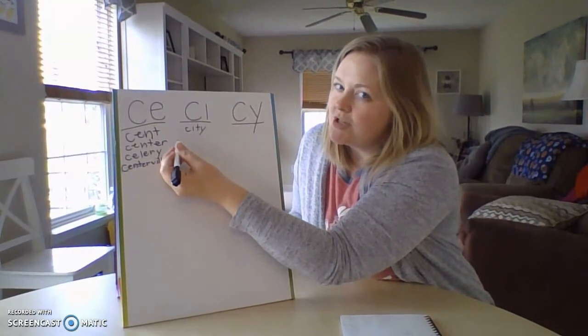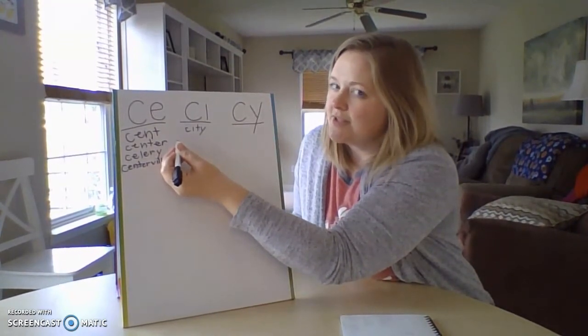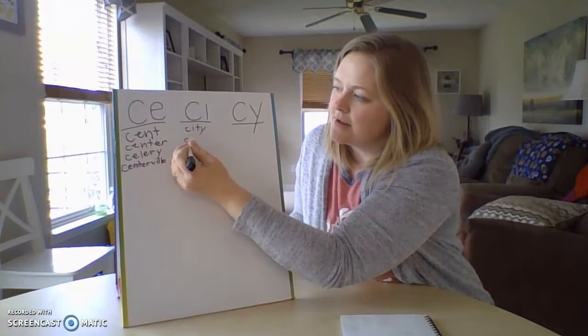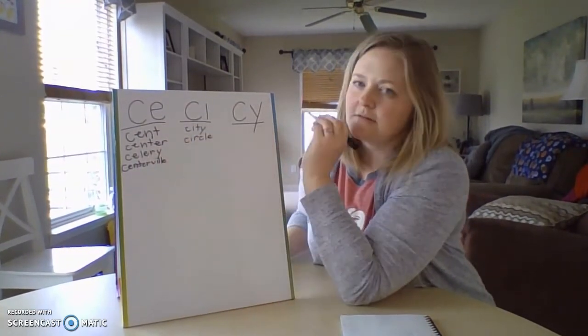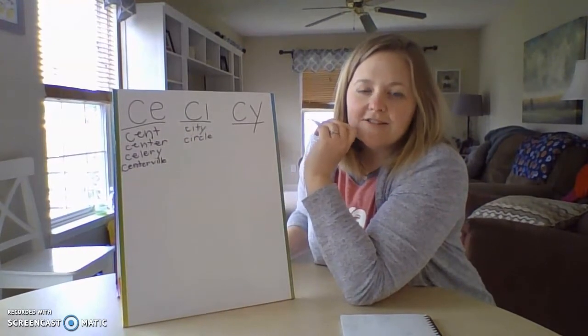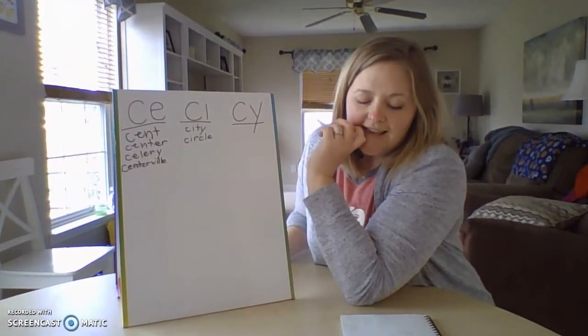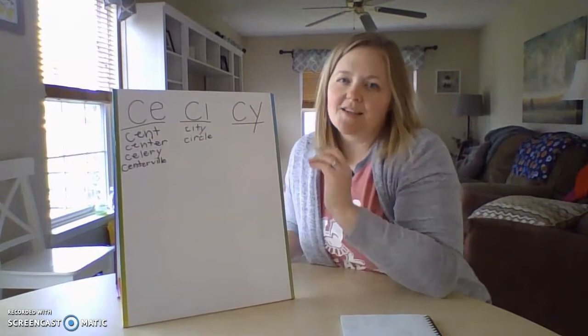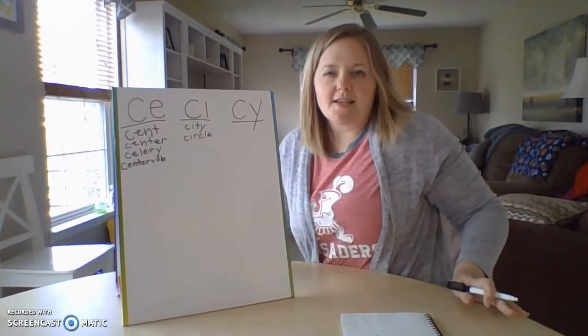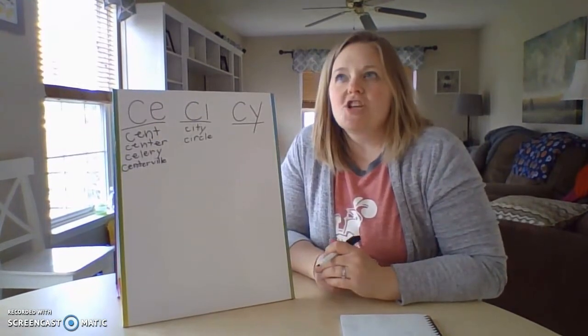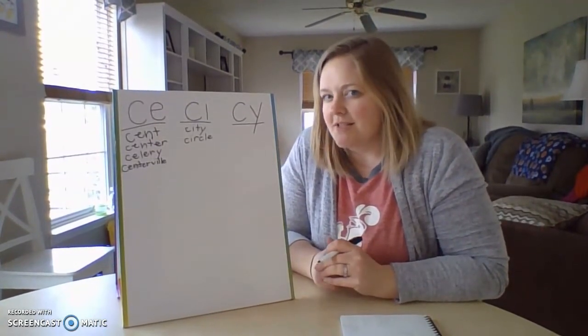Another CI word, it's a shape. It's a 2D shape. It has no sides, no angles. It's called the circle. Very good. And another CI word is, oh, I'm thinking she is a character from a fairy tale. She has an evil stepmother and she has a glass shoe that she loses at the ball.